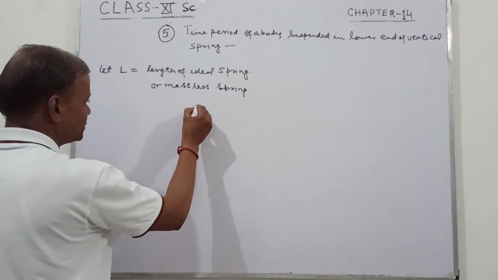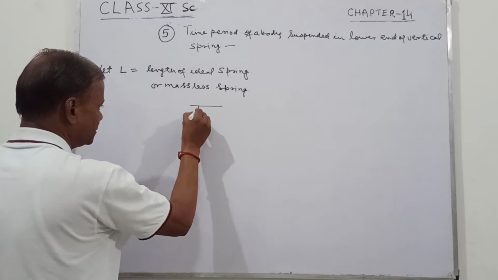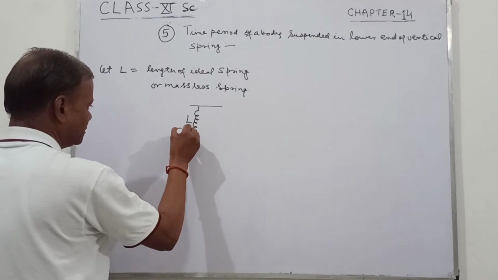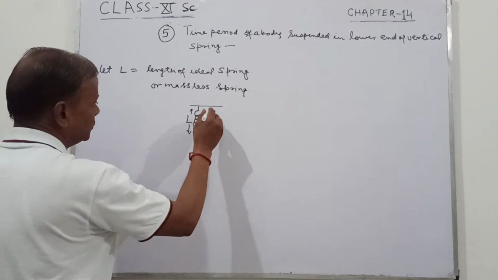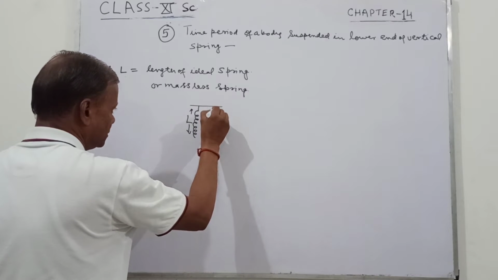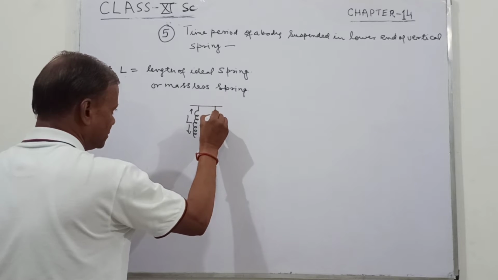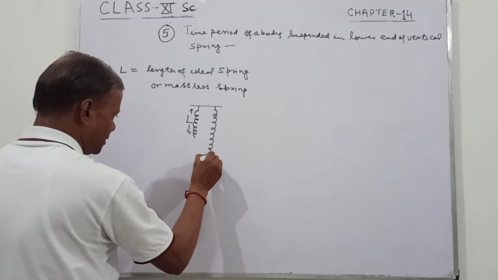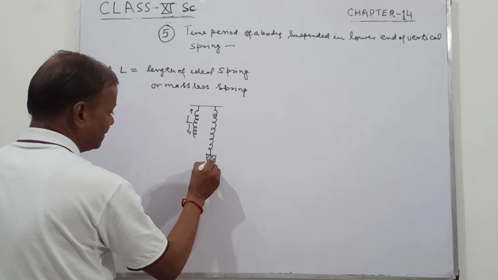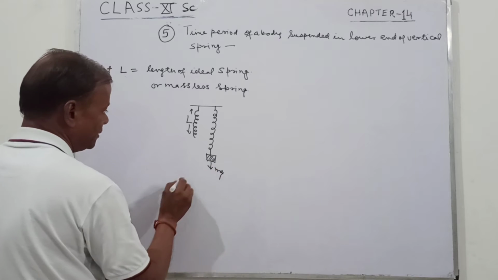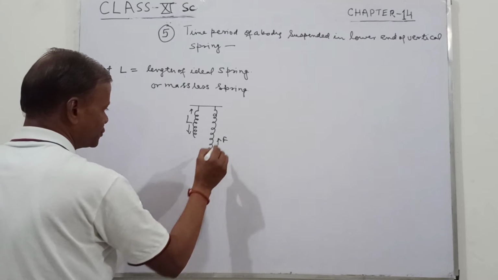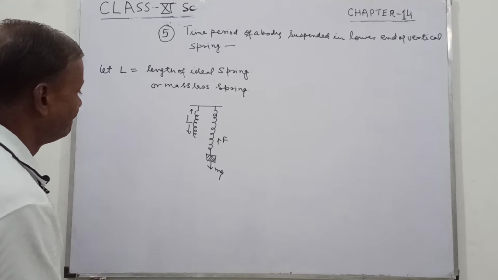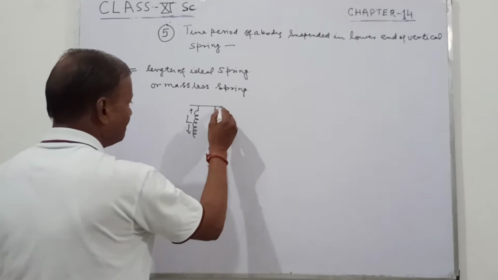Let us suppose that this is a spring. Its length is L, and it is suspended. This is the mass, with weight mg, and it will have a restoring force vertically upward.